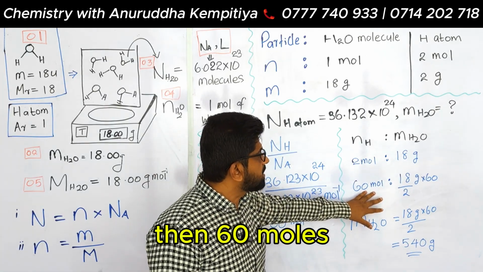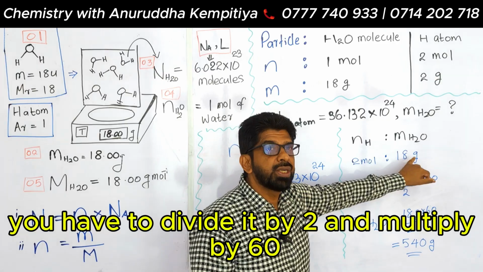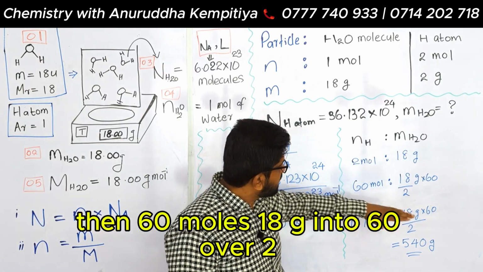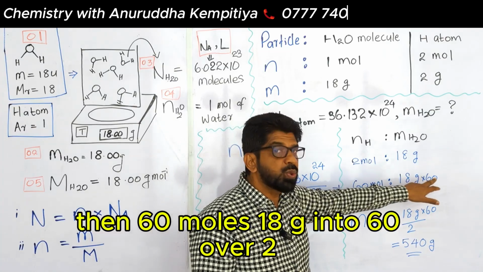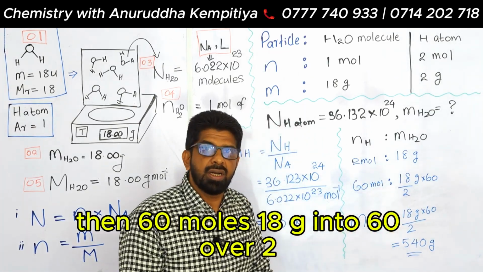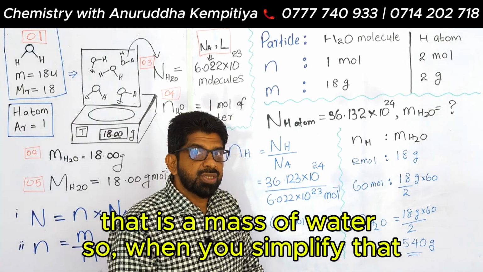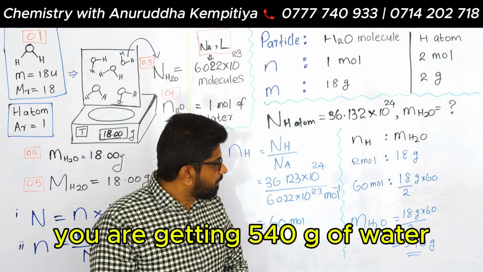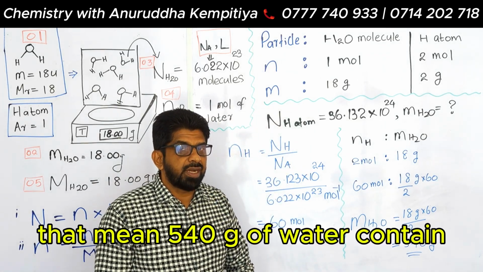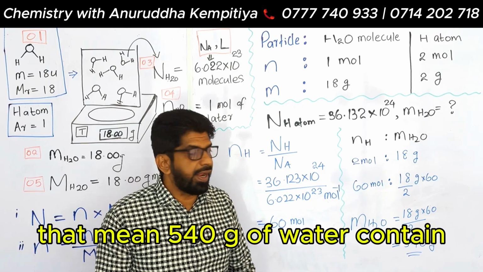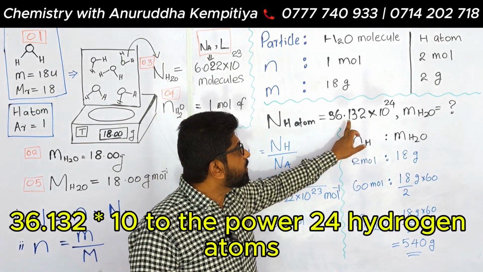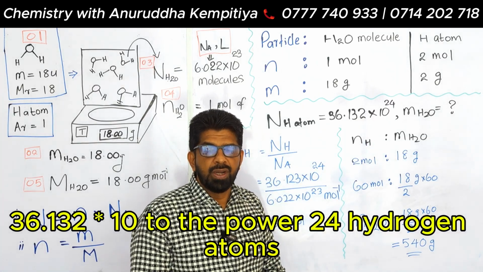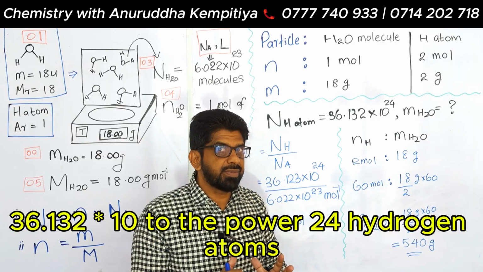Then 60 moles, so you have to divide by 2 and multiply by 60. Then 60 moles, 18 grams into 60 over 2, that is the mass of water. So when you simplify that, you are getting 540 grams of water. That means 540 grams of water contain 36.132 times 10 to the power 24 hydrogen atoms.